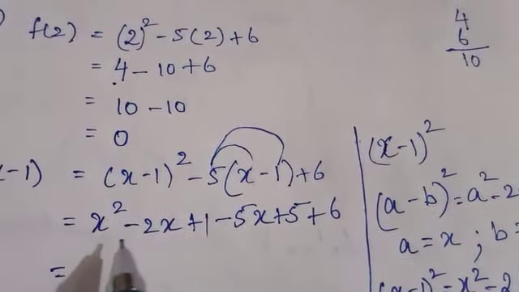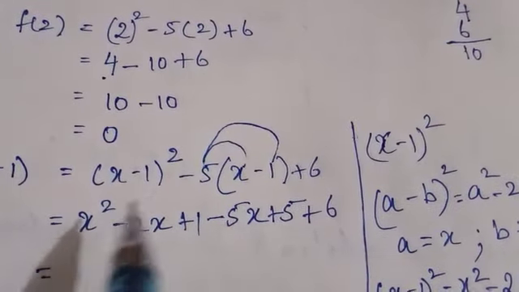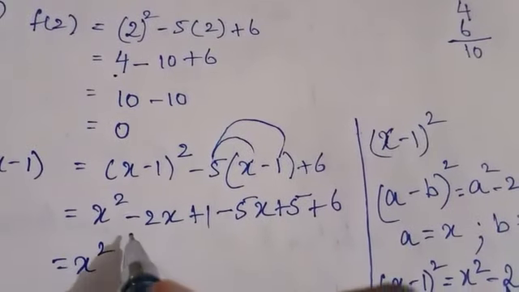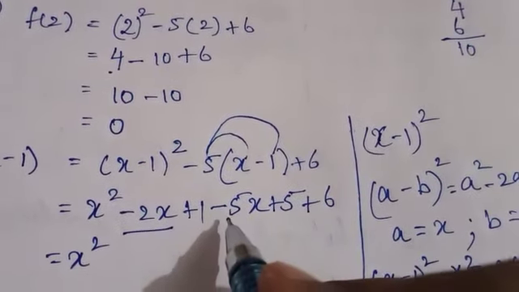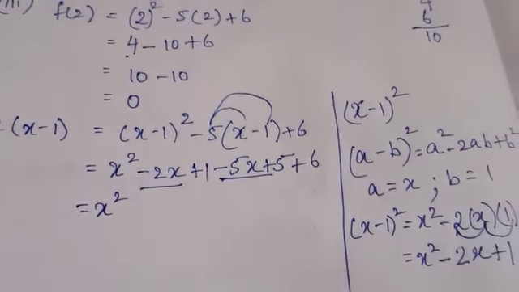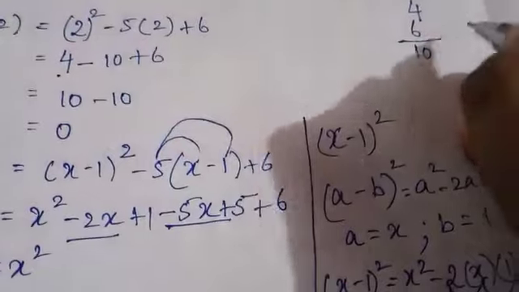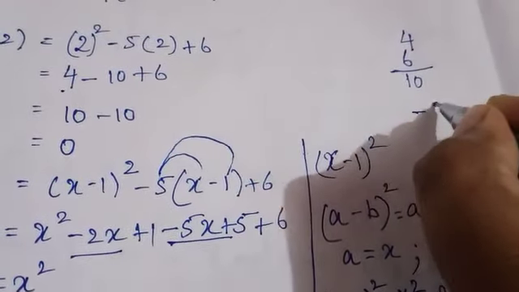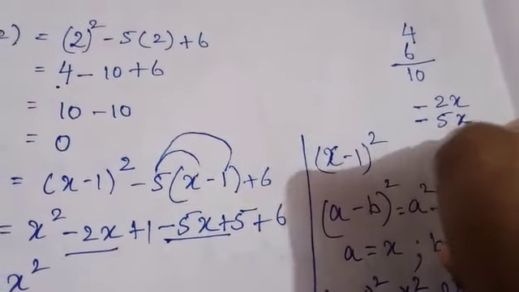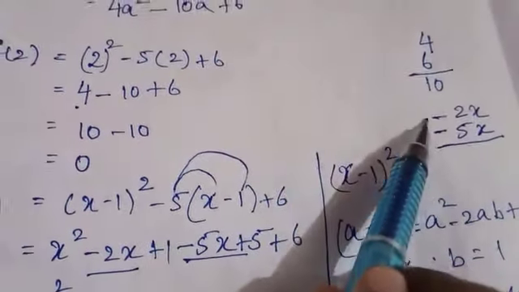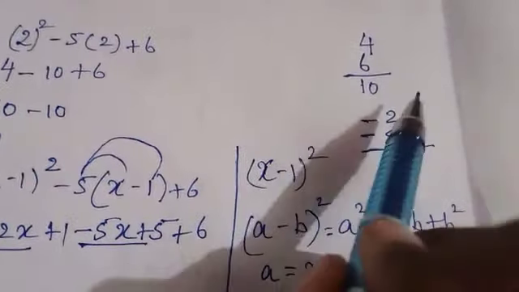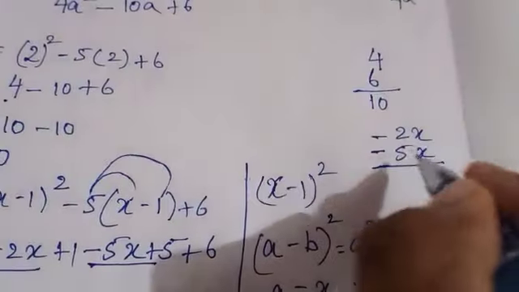x square, since we have only one x square, I'm writing it as it is. Next, coming to x, we have minus 2x here, and again we have another x, that is minus 5x. So I'm writing it separately, minus 2x, and the next one is minus 5x. Minus into minus is plus, so we are going to add this. 2 plus 5 is 7.